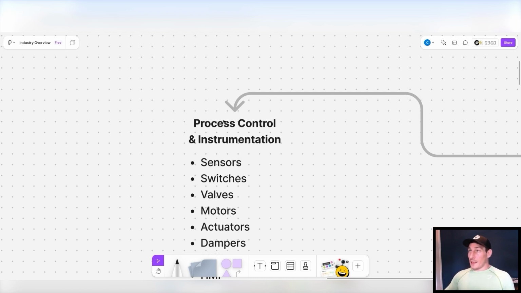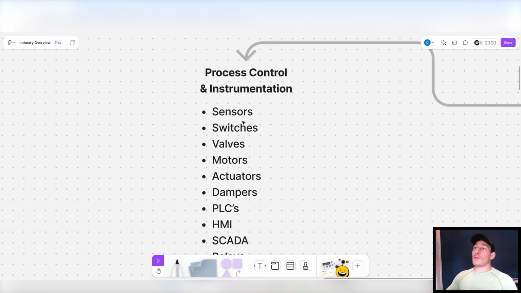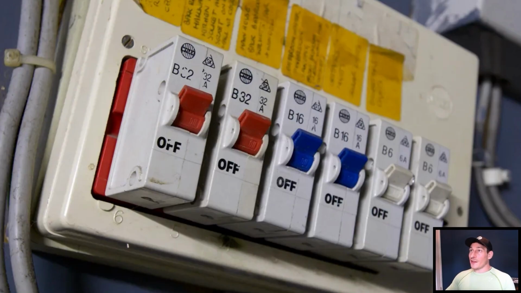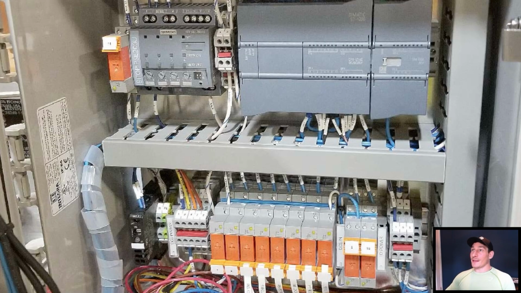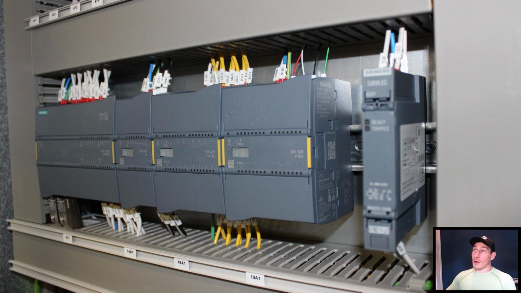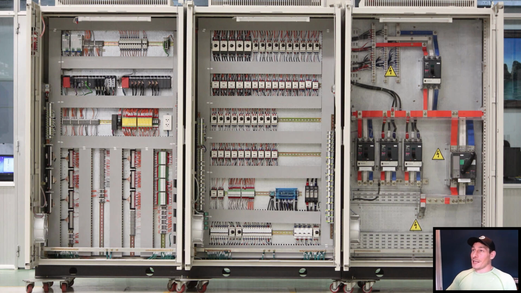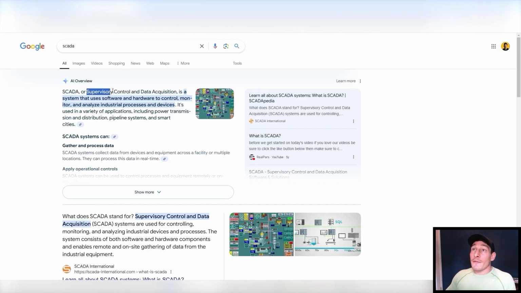We're producing things. So if we break that down further, what does that mean? Well, it means sensors, switches, valves, motors, actuators, dampers, PLCs, HMIs, so PLCs, programmable logic controllers, HMIs, human machine interface, SCADA. Embarrassing, I can't remember what that is off the top of my head. Let's have a quick look. Here we go: supervisory control and data acquisition.